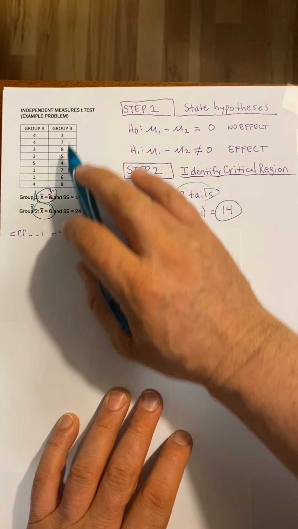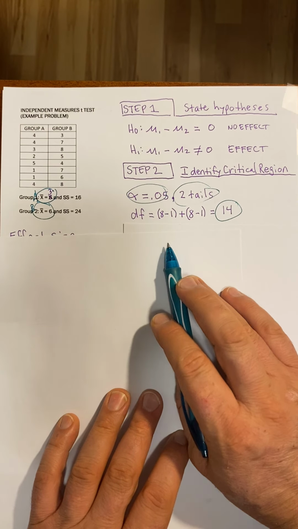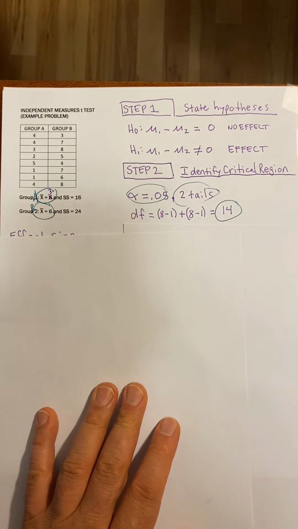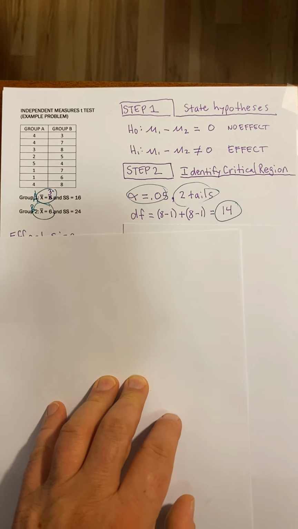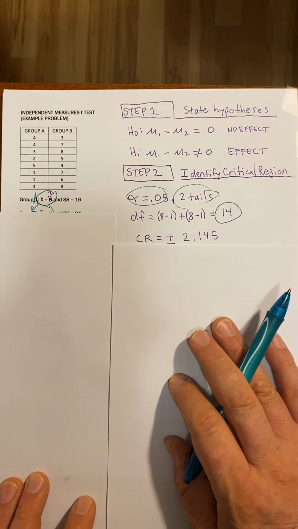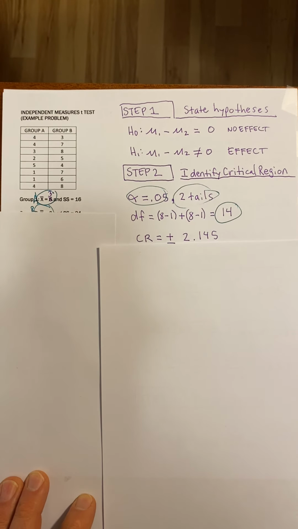Both groups had an N of 8, so 8 minus 1 plus 8 minus 1 equals 14. So then we look that up in our critical value table, and we find that our critical value is going to be plus or minus 2.145.